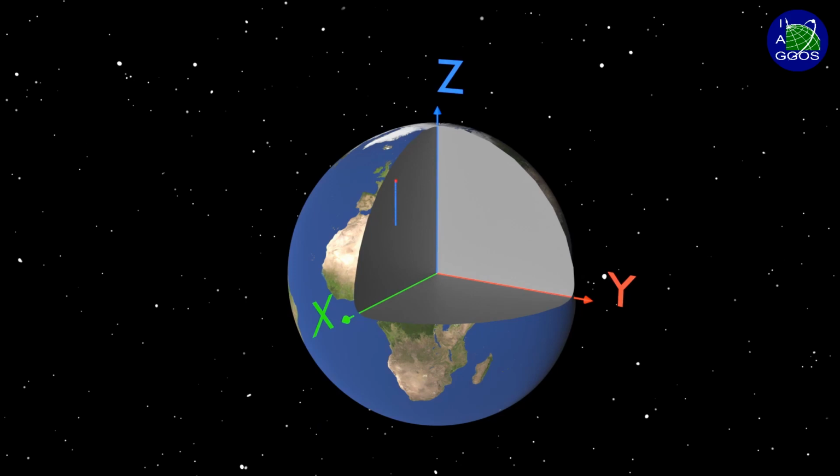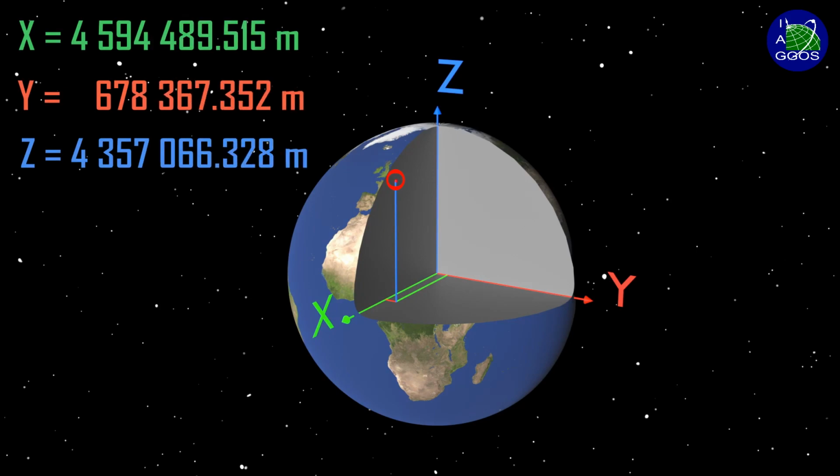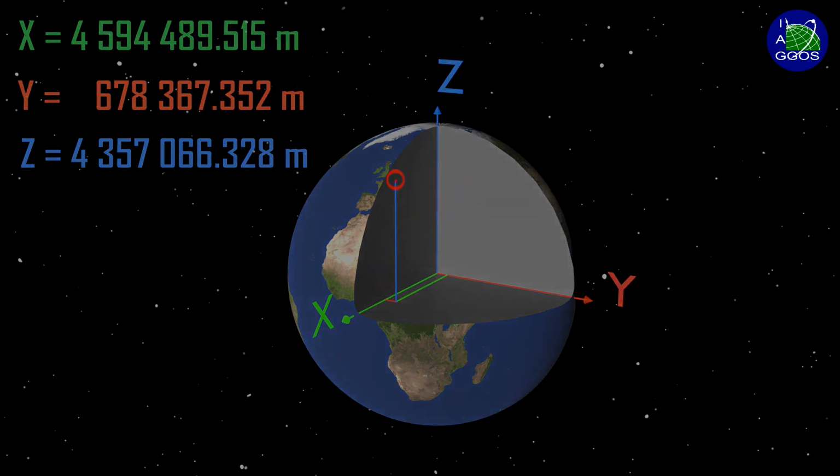This framework allows us to communicate the location of any point or object, be it on the Earth's surface or in near space, with 3 values called coordinates, each representing a place on one of the 3 axes.